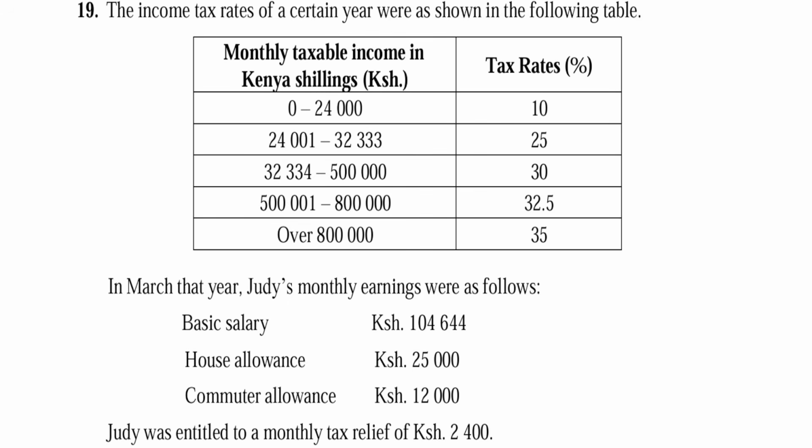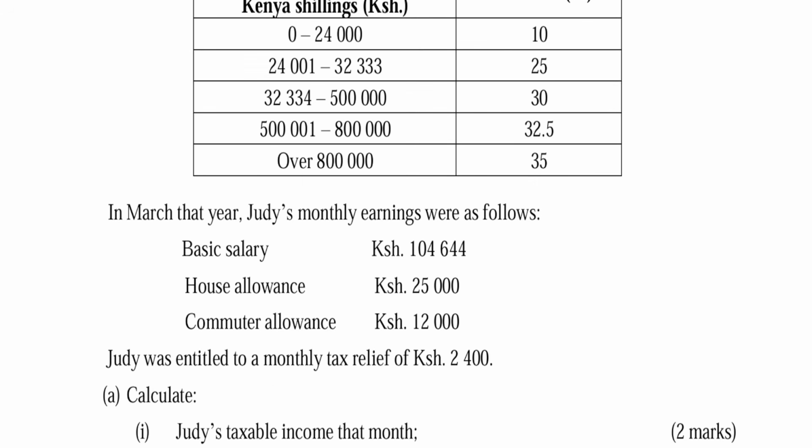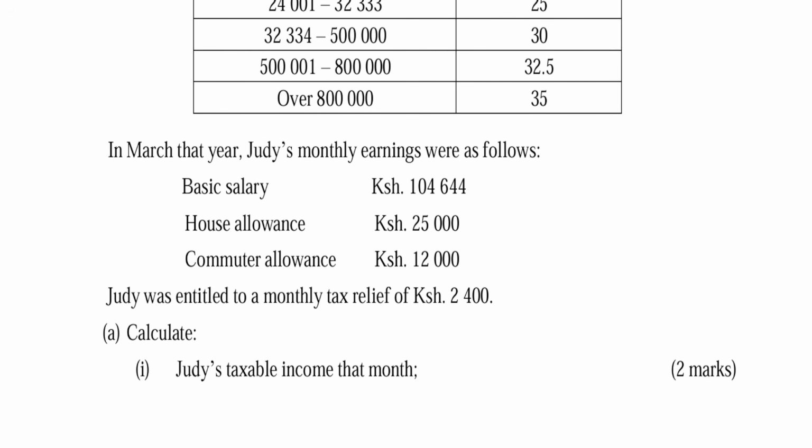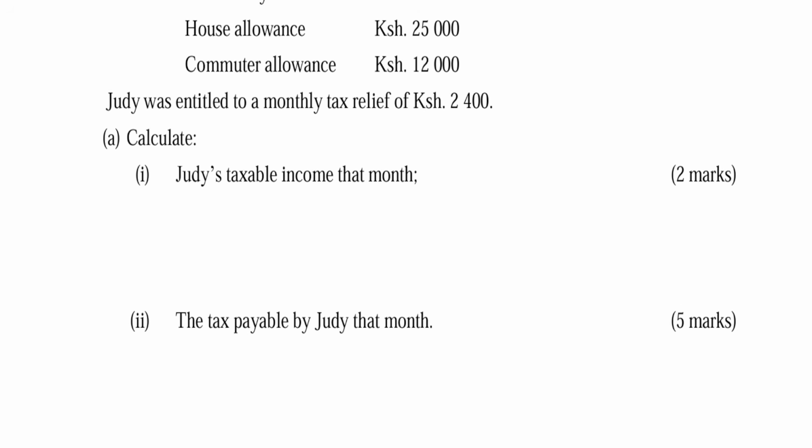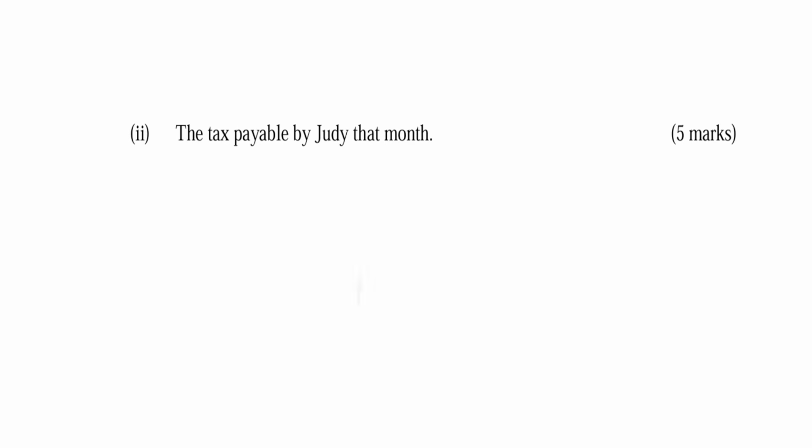In that year, Judy's monthly earnings were as follows: basic salary of 104,644, a house allowance of 25,000 shillings, commuter allowance of 12,000 shillings. Judy was entitled to a monthly tax relief of 2,400 shillings. Question A, Roman 1, calculate Judy's taxable income that month. Roman 2, the tax payable by Judy that month.